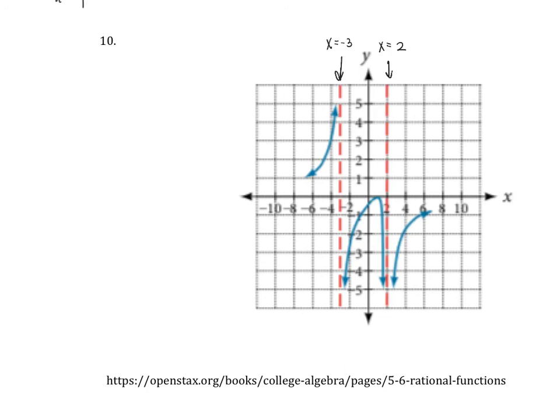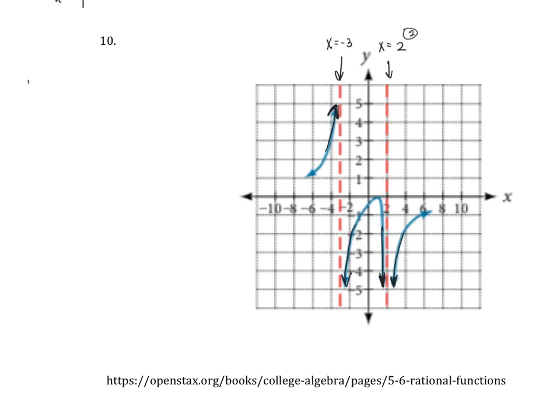So if you look at the x is -3, on the left side of the asymptote it's going up. But on the right side of the asymptote it's going down. So that's associated with a power of 1. For the x equals 2 asymptote, notice that on the left side of the asymptote it's going down, but on the right side of the asymptote it's also going down. So this is going to be associated with an exponent of 2.